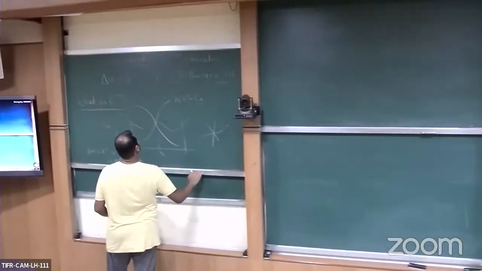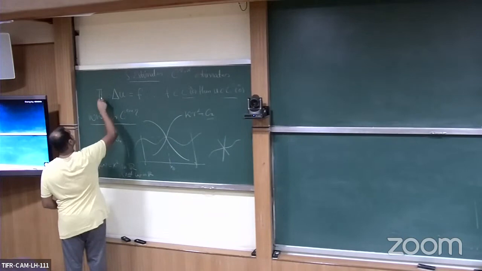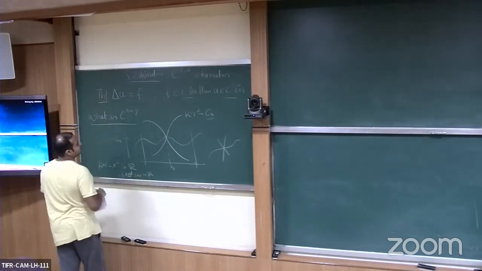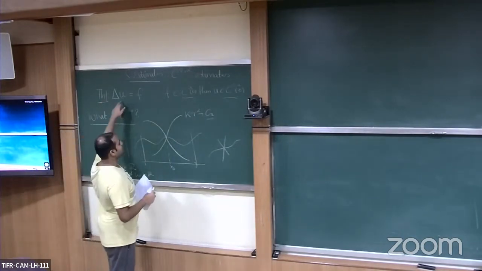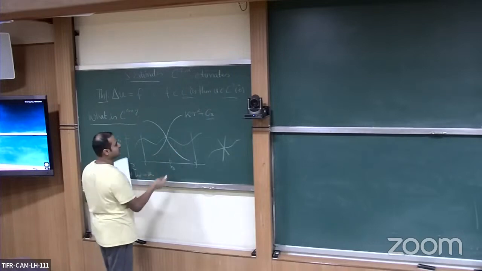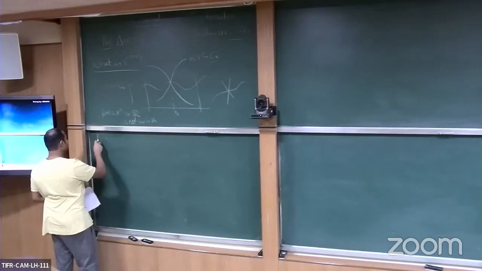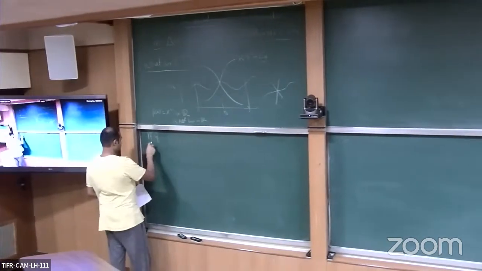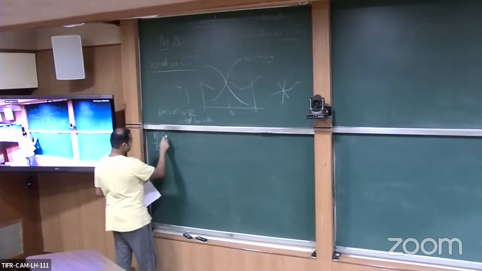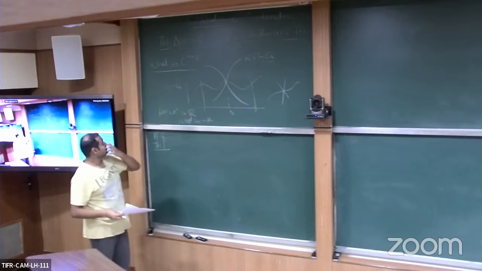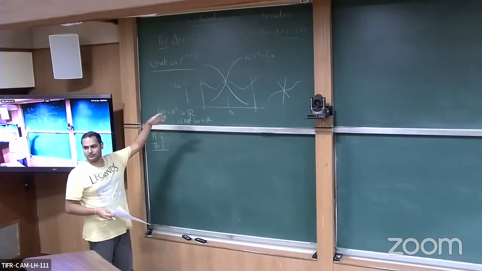we call this theorem 1. Theorem is clear, right? F is C alpha at 0, then U is C2 alpha at 0. I've explained it. So, like I said, since we have the Laplace, we have the harmonic estimates for free.